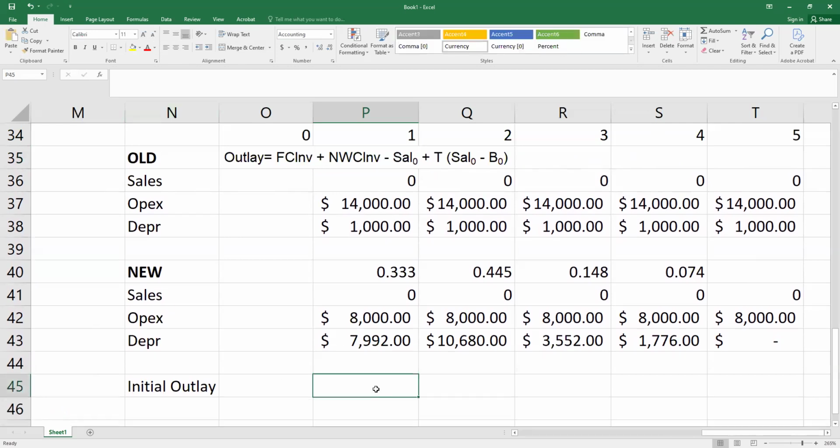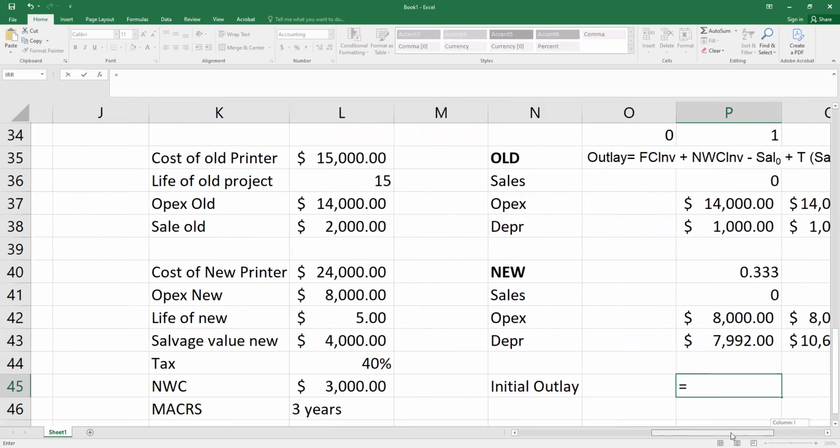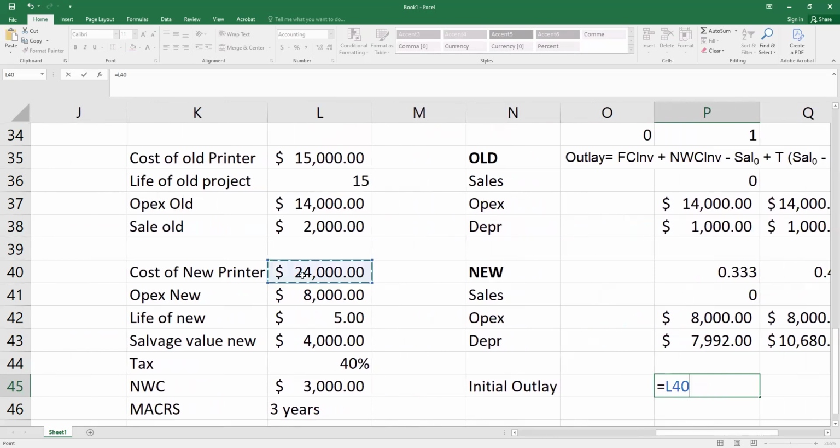Now, first of all, I need to use the fixed capital investment, meaning how much money you spend to buy the new equipment, the new printer. How much? Tell me. 24,000. Then net working capital, which is this, minus sale of the old equipment.